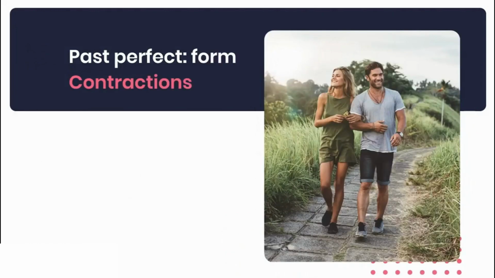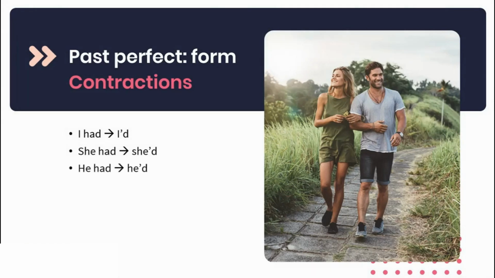Note that you can also use contractions when using auxiliary verbs like had. For example, instead of I had, you can say or write I'd. Instead of she had, you can say she'd. Instead of he had, you can say he'd. They had becomes they'd.